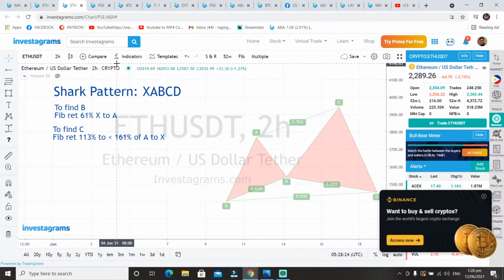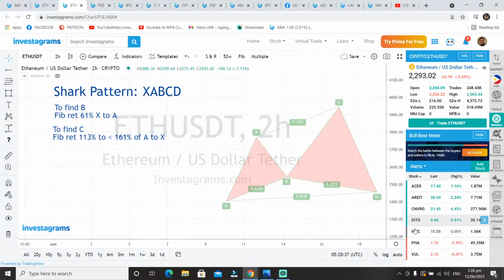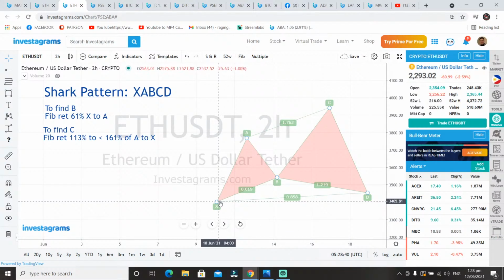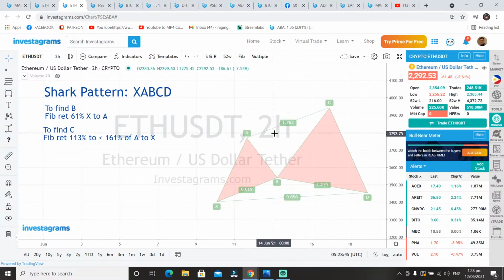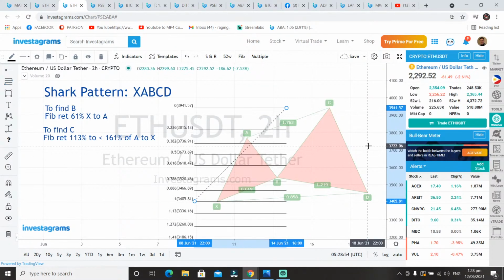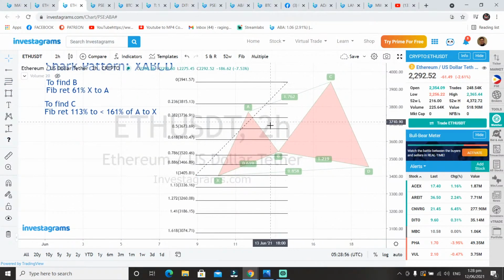So to find D, we can make a fib retracement from X to C. Whenever we perform our fib retracement from down going up, the fib levels that will be shown will be going down. So fib retracement from X to C there. As you can see, fib levels are going down. And the D level is already the end of our pattern.